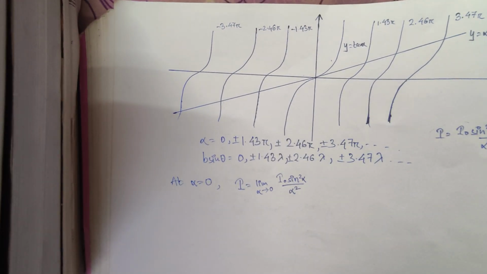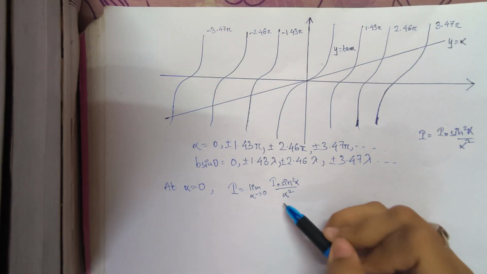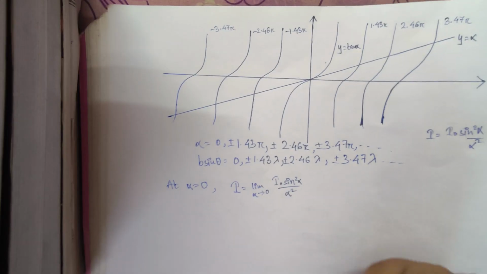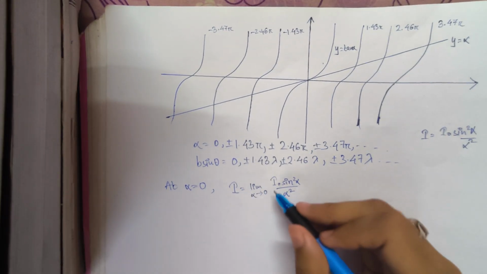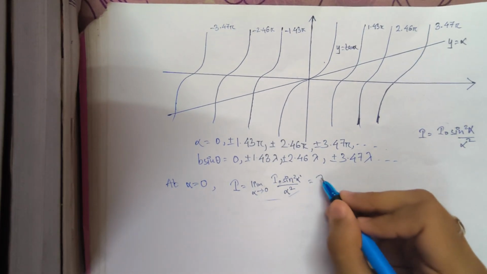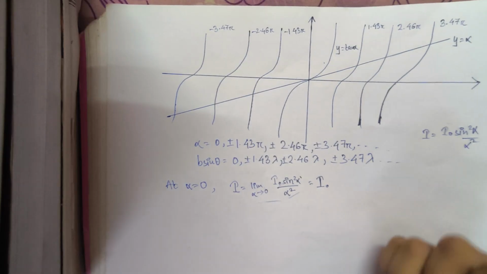From the standard limit we know that the limit as x tends to 0 of sine x by x is 1. So this will also be the same, that this portion will become 1. That means at alpha equal to 0, we get the value I naught.